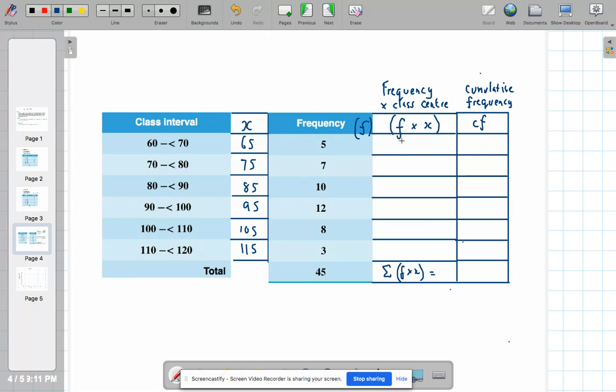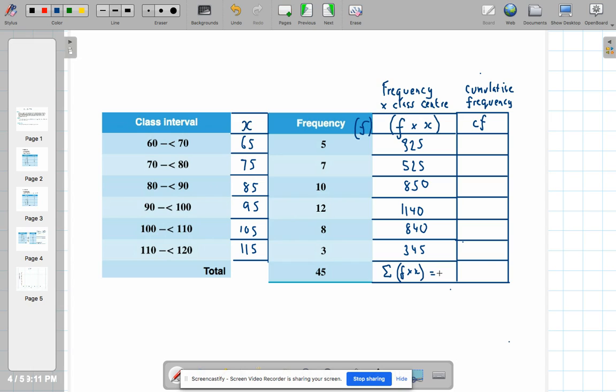So here we've got 325, then 525, 850, 1140, 840, 345. So I've multiplied all the frequencies by the class centers.